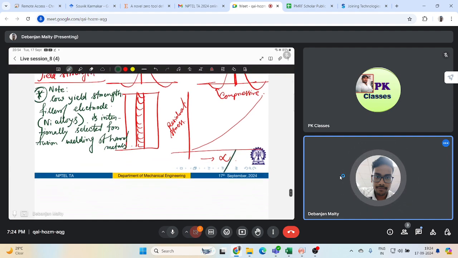This is the same for yield strength also. Sigma yield: if I increase my yield strength, my residual stress also gets increased.